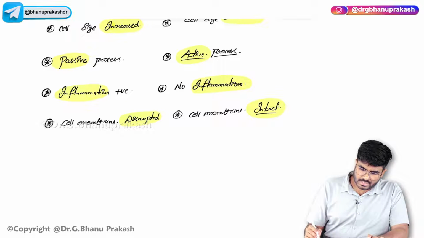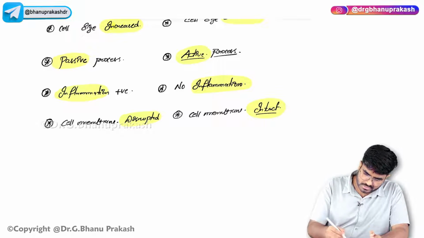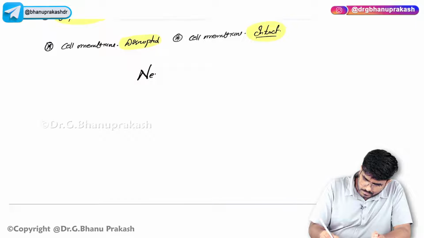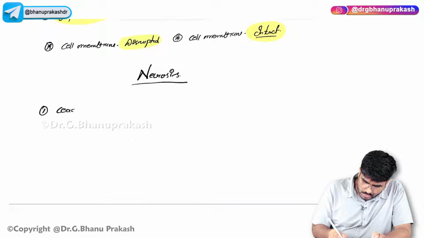Now, after this, let us discuss necrosis first. In this video, let us discuss necrosis. So, how many types of necrosis are there? There are different types. Number one is called coagulative, which is the most common type.